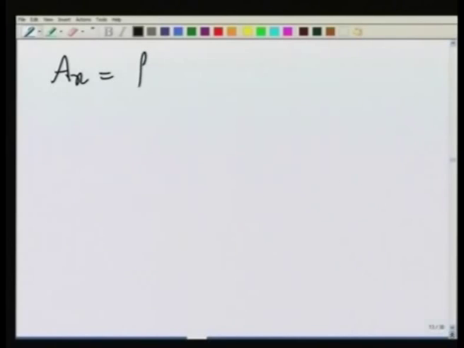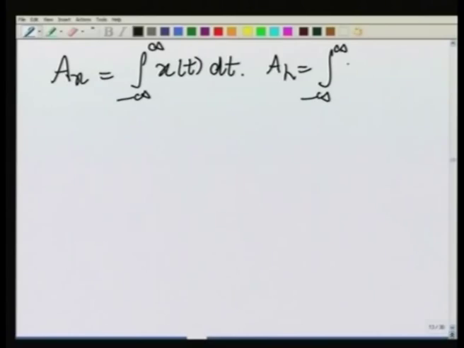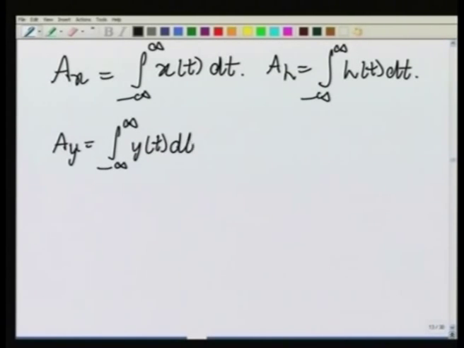What I mean to say is, if we define A x as the area under x t, which is of course given by this integral over all time of x t dt, and A h as similarly the area under h, then it turns out that A y, the area under y, is equal to A x times A h.